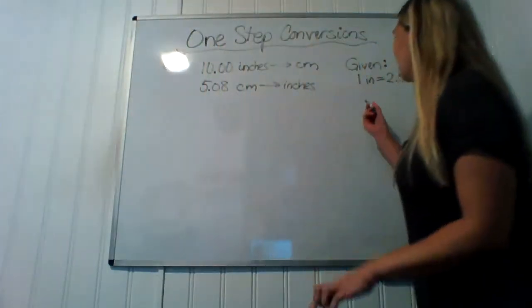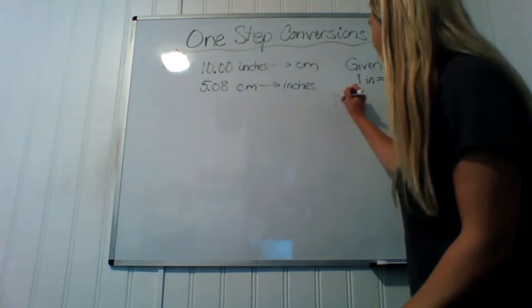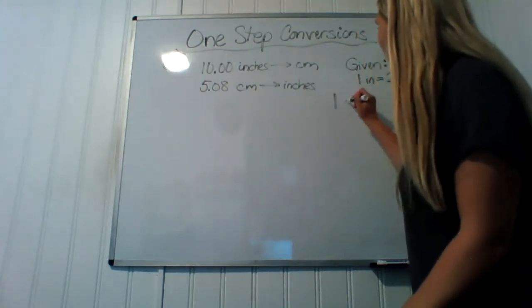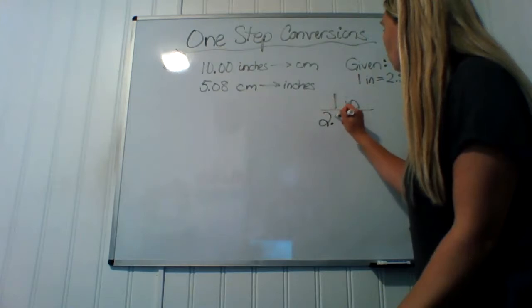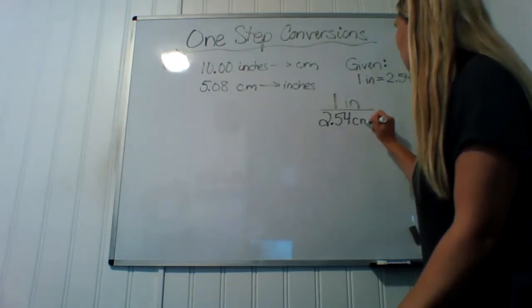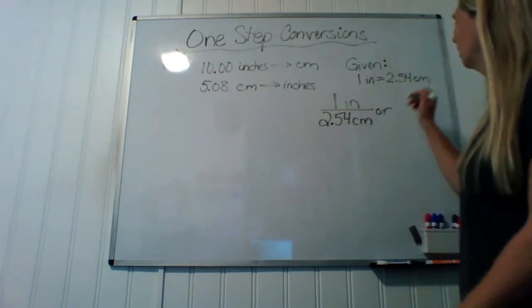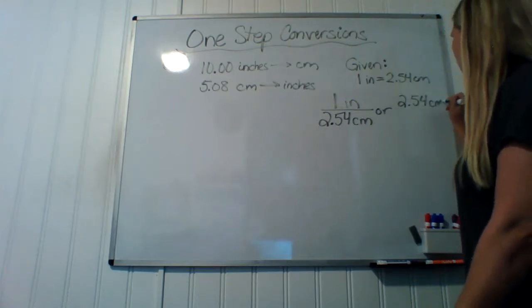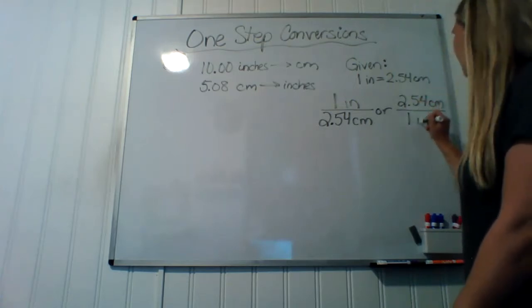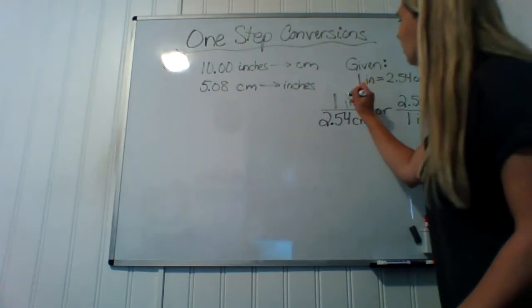So we can say that there is 1 inch per 2.54 centimeters, or there's 2.54 centimeters per 1 inch. Okay.